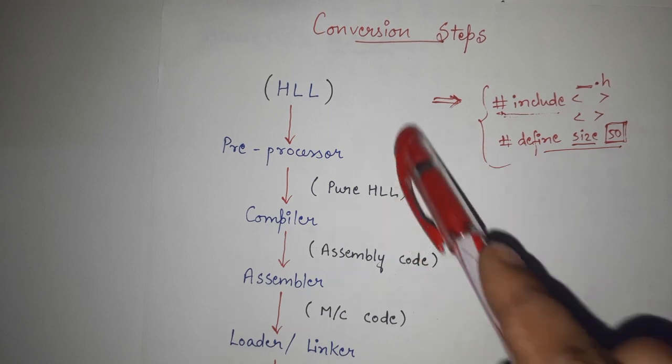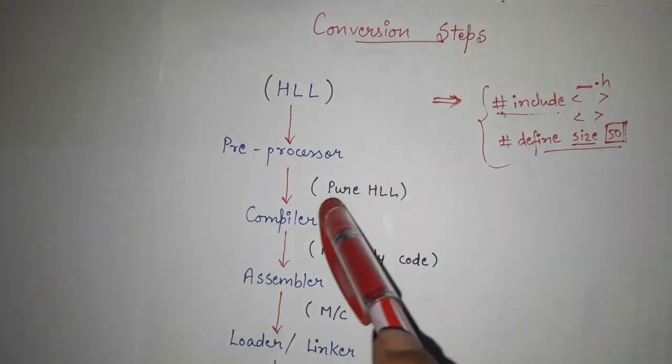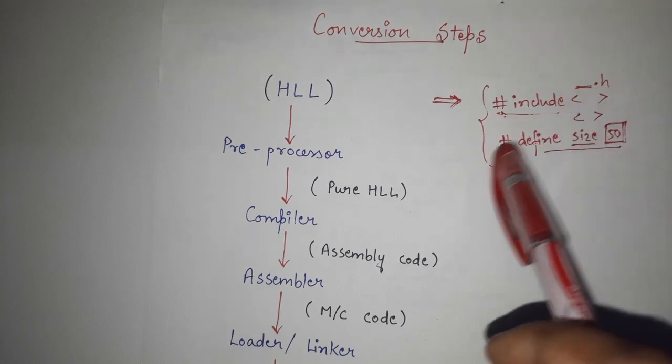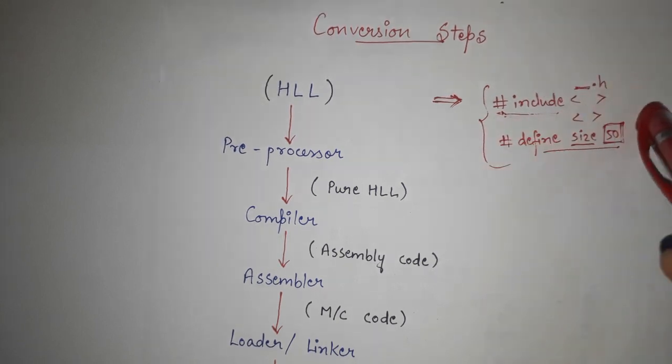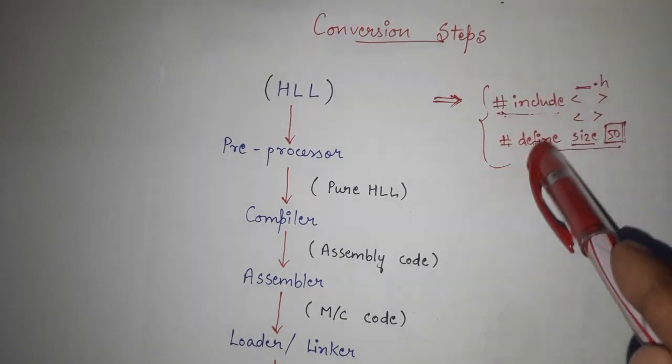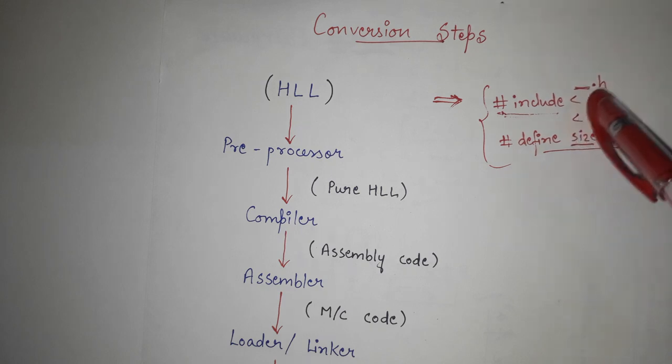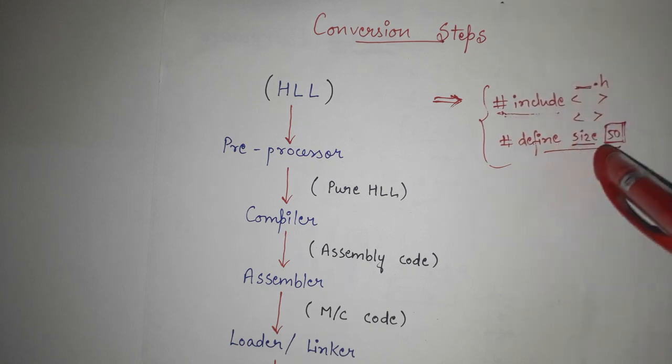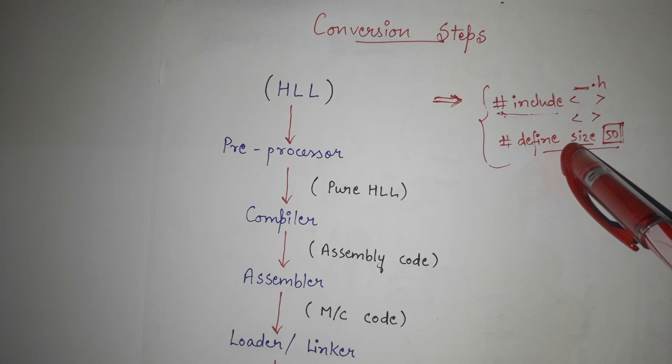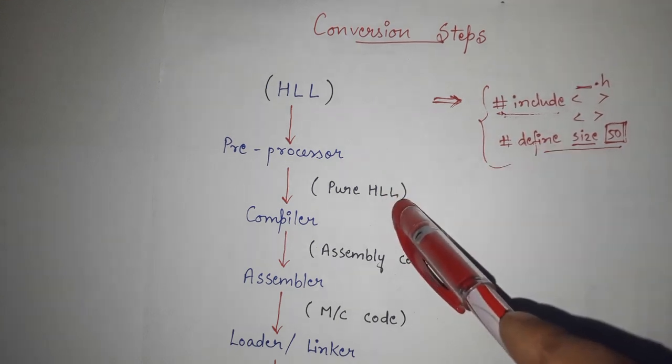Basically, the difference is that in pure high level language, hash define, hash include, all these hash tags will be removed. These are known as preprocessor directives, so these will be removed in this pure high level language.